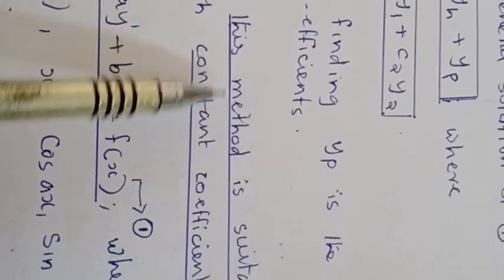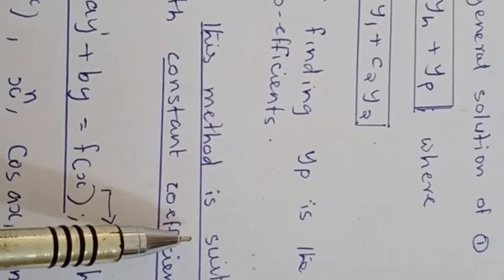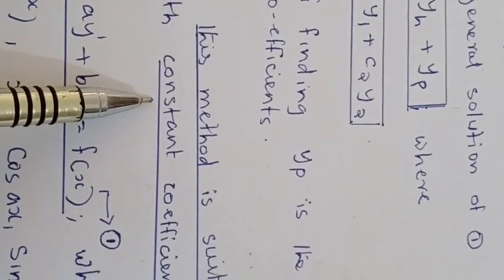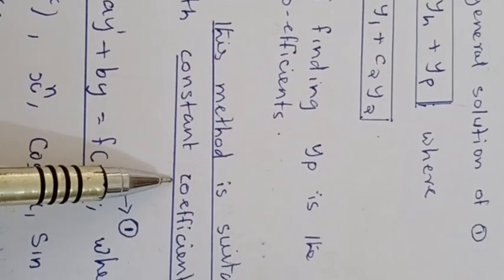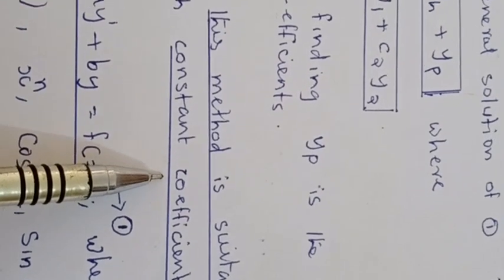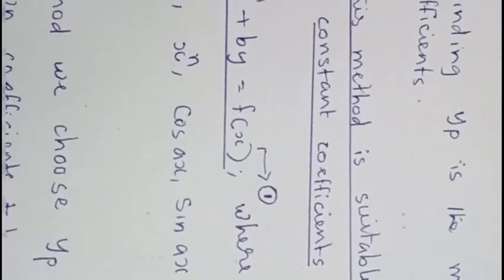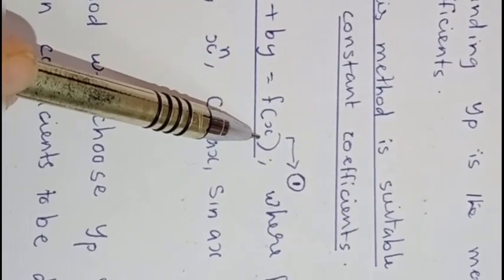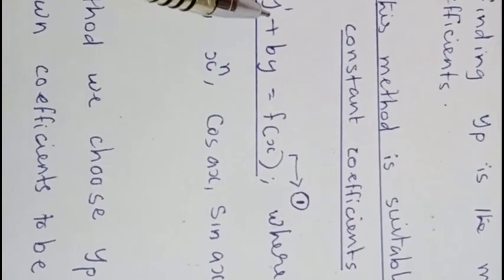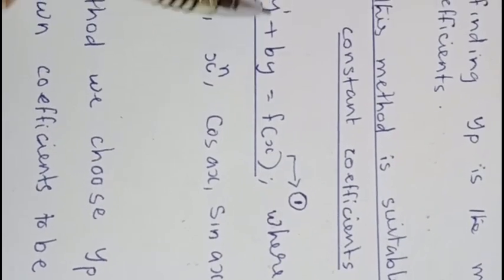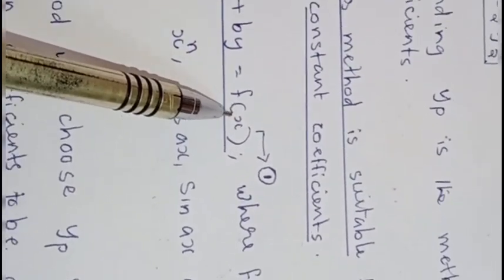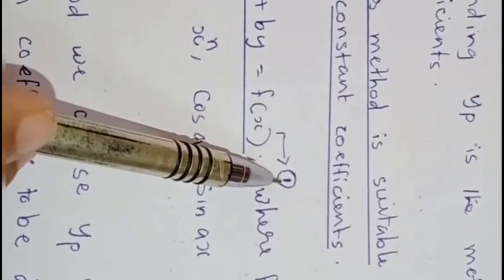So the method can be used only for differential equations with constant coefficients. Consider y'' + ay' + by = f(x). See, the coefficient of y' is a and the coefficient of y is b. a and b are constants, and f(x) is a function of x. I put it as equation 1.